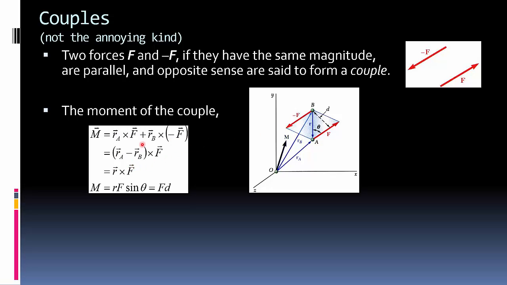Well, you can go through and you can pull out the r's because it is distributive, and you can figure out that it is the r_A minus r_B cross F, which is just this r cross F. And the magnitude is r F sine theta. So r F sine theta, or force times distance. And that is the takeaway. The magnitude of the moment of a couple is the force times the perpendicular distance between these two forces.